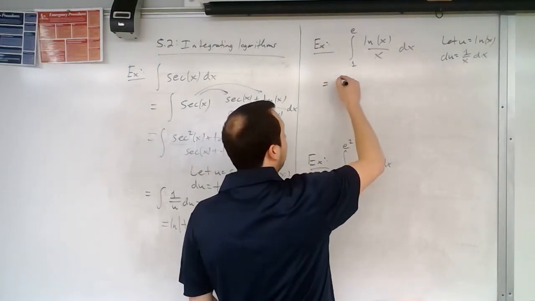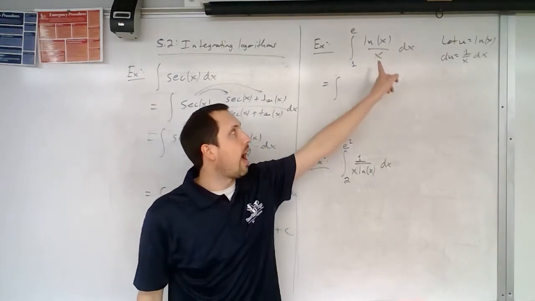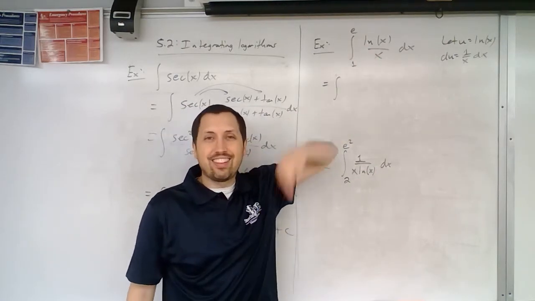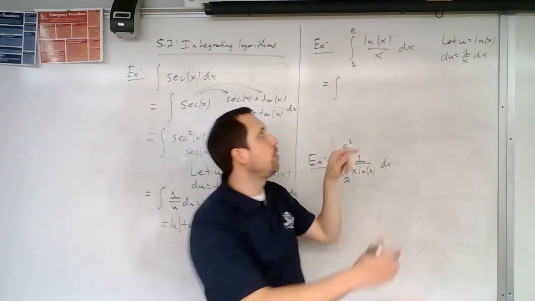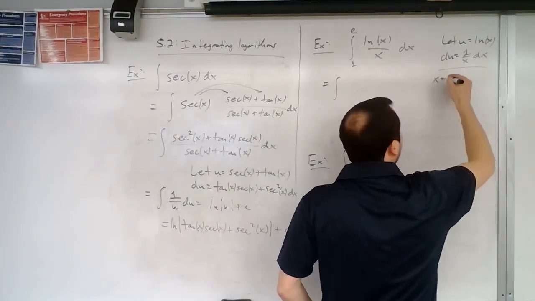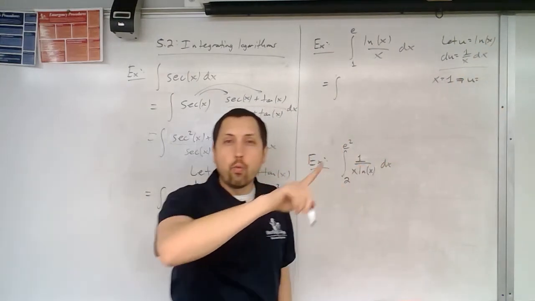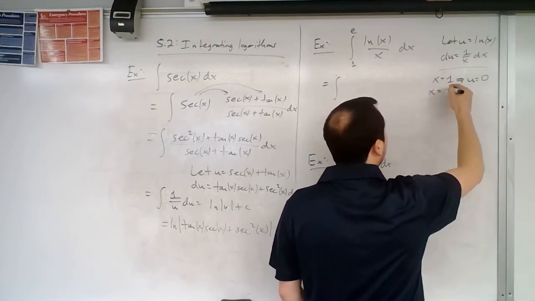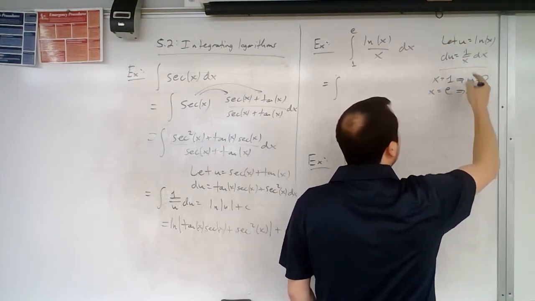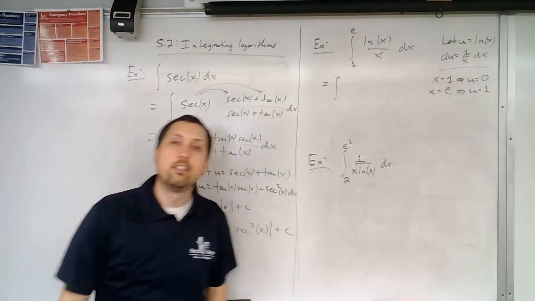So this is now the integral. Remember, when we have our u substitution, we could do our bounds at the same time. So these are bounds for x. So when x equals 1, that tells us that u, natural log of 1, is 0. And then x is equal to e, natural log of e is 1.